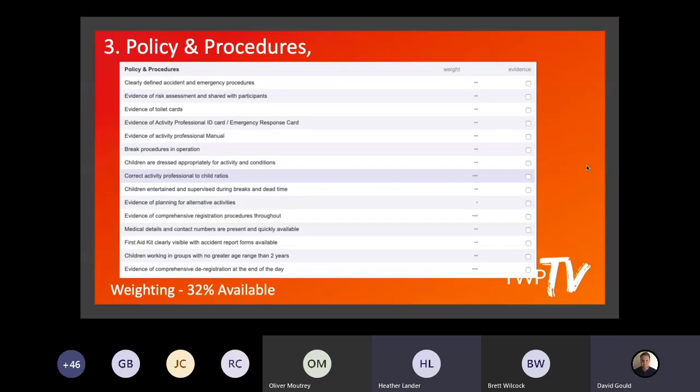So if a child gets hurt, could that happen in your session? What would you do? You're basically looking at your area and your school and saying, is this the safest place for me to do this session, and what you're going to put in place to make it safe?